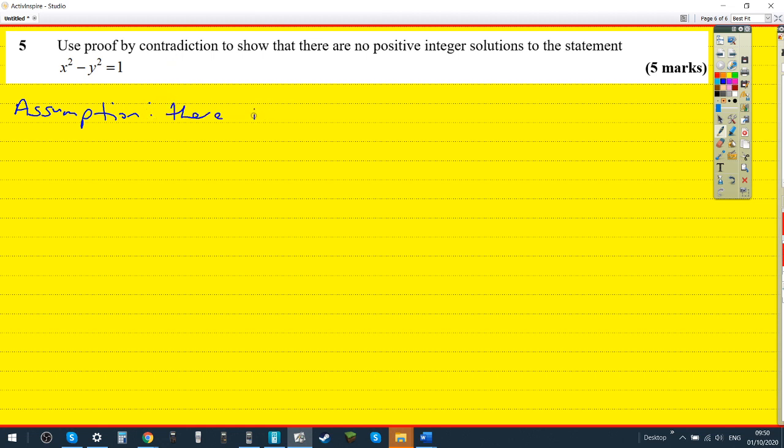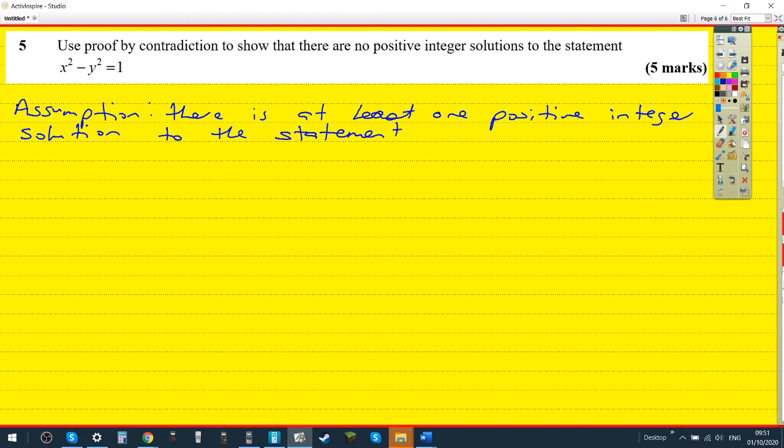And then do I then need to say something like x is equal to minus n and y is equal to minus m, or you're trying to prove positive. Use proof to show that there are no positive integer solutions to this statement.